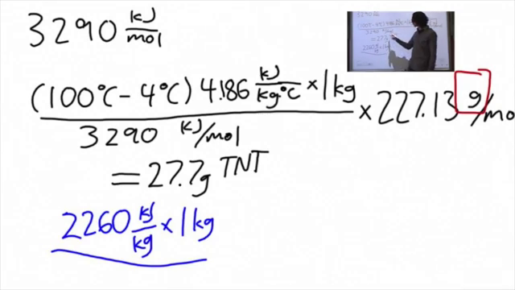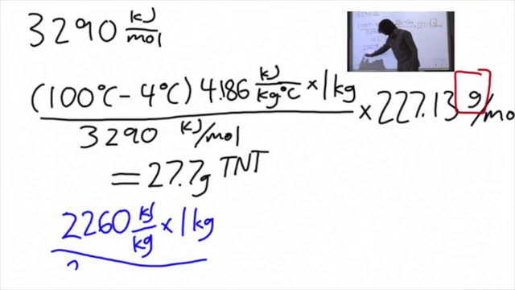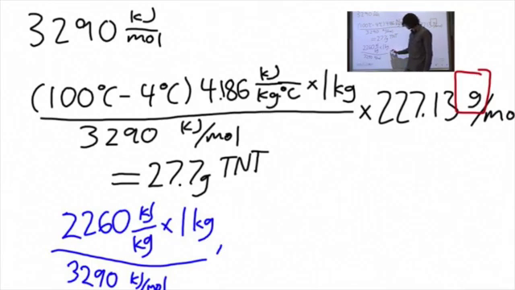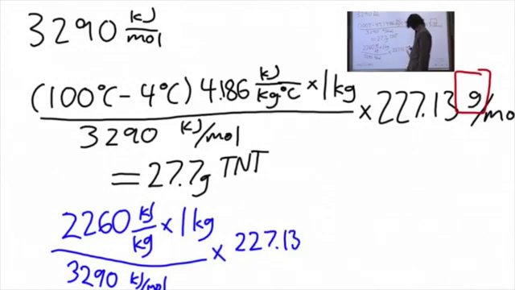We do the same thing we did up here. Divide by the energy content of TNT, which is 3,290 kilojoules per mole. And multiply by the molar mass, which is 227.13 grams per mole.